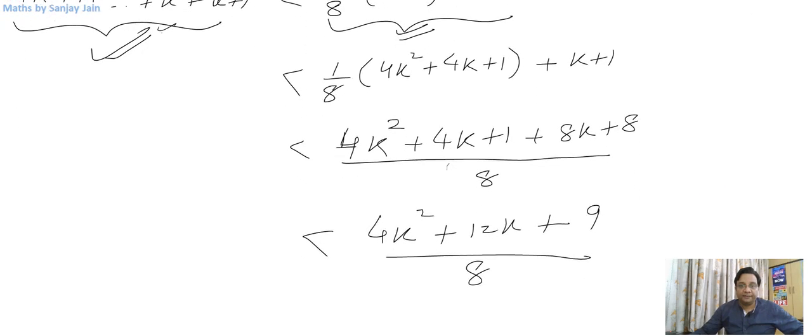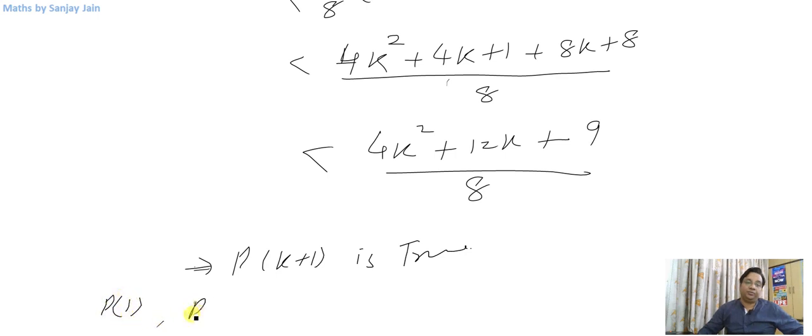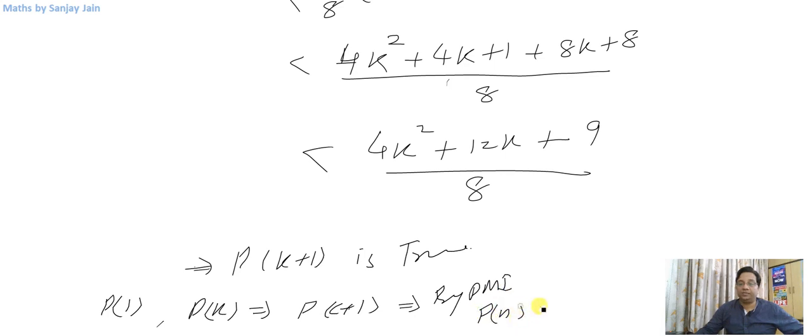Hence I can say, hence P of k plus 1 is true. And then P of 1 is true. Truth of P of k implies truth of P of k plus 1. That means by principle of mathematical induction, P of n is true. Alright.